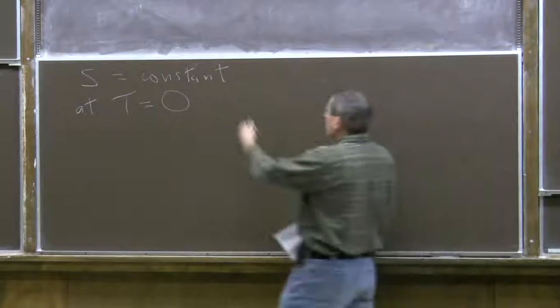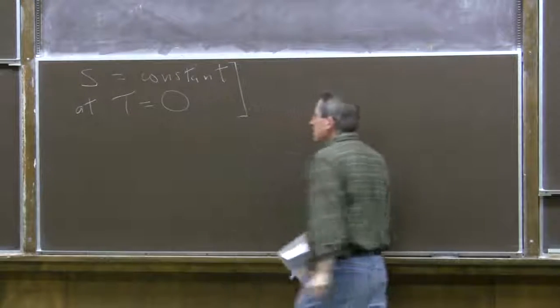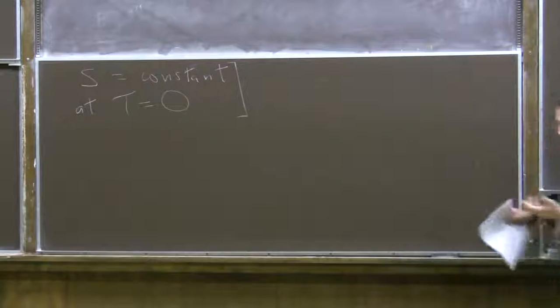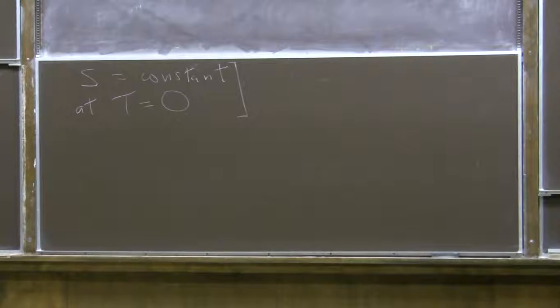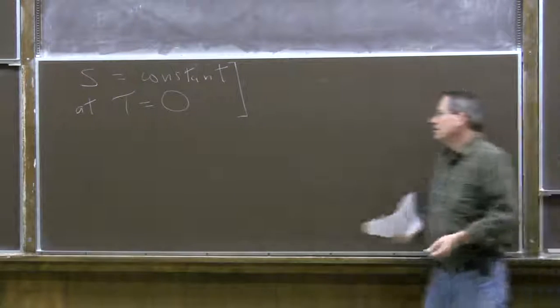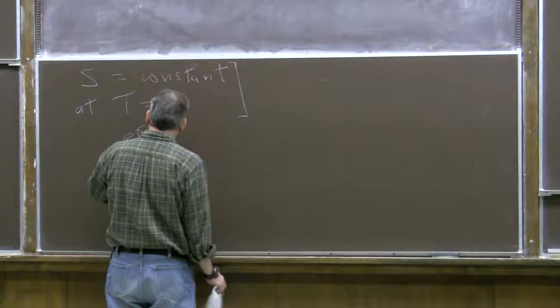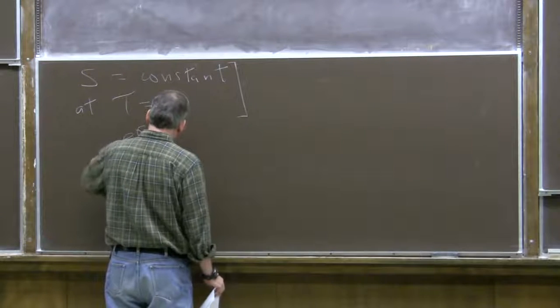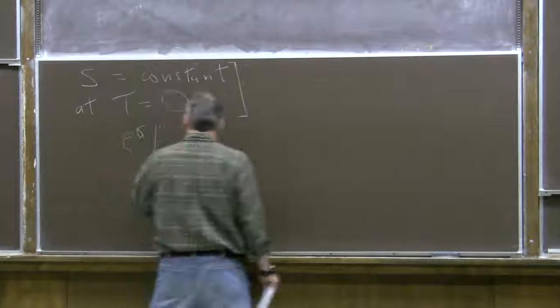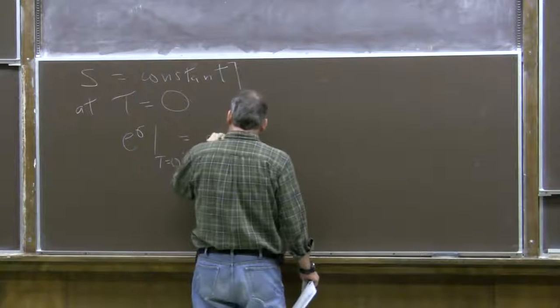The reason I say from our perspective it's trivial is we know that at zero temperature the system is in its exact ground state, and we can interpret the exponential of the entropy as the system's degeneracy. So e to the sigma at tau equals 0 is ground state degeneracy.